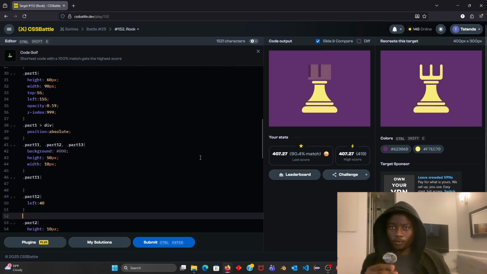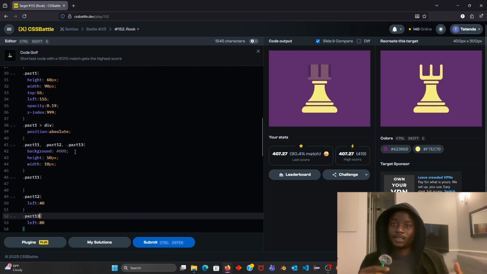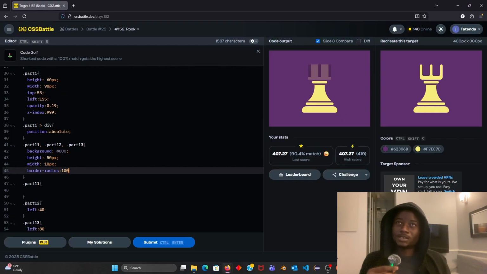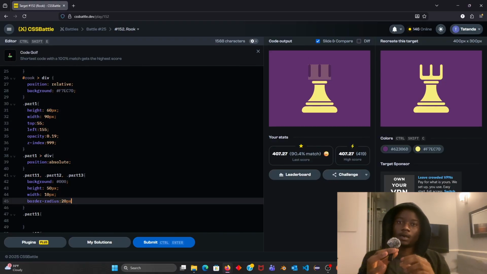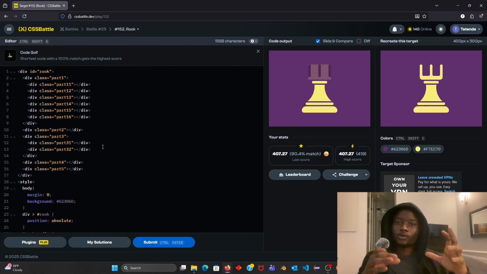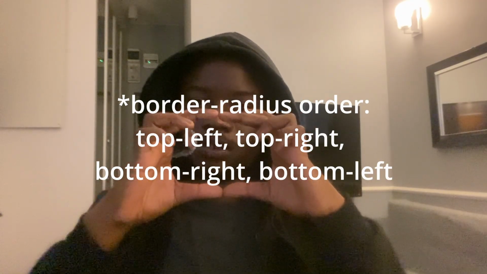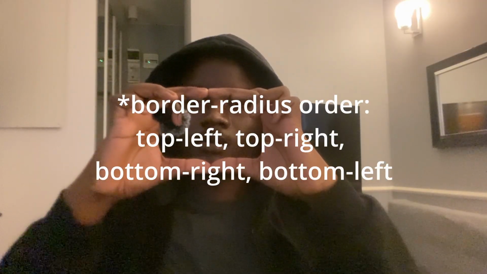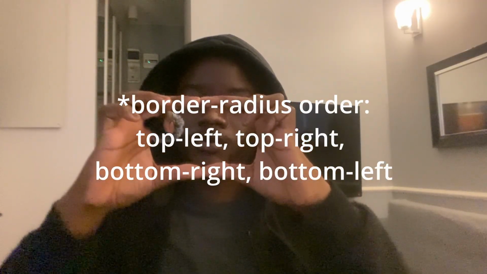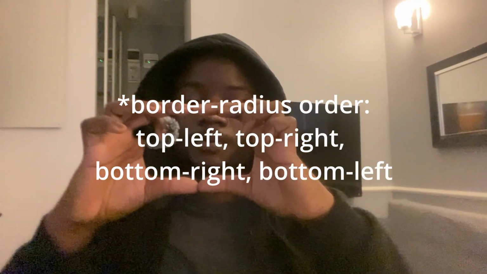And then the fourth part I talked about, it's essentially the same as the second layer. And then the base layer is the same as the second and the fourth, with just a minor difference that when you're dealing with border radiuses, essentially, imagine that this is a rectangle. Each point of the rectangle you can manipulate using the border radius property.